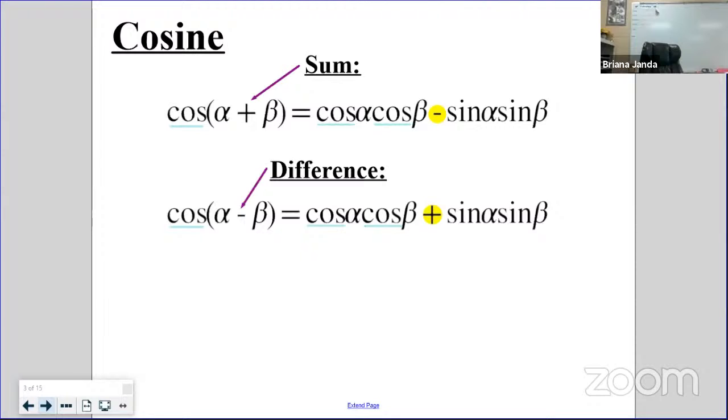If that was the case, it would be equivalent to doing this: the cosine of what was listed first times the cosine of what was listed second plus the sine of what was listed first times the sine of what was listed second. And I'll show you how we are going to use these formulas here in just a second. Not ones we will ever have to memorize, just like before. We just have to know which one to pick and how to use that.